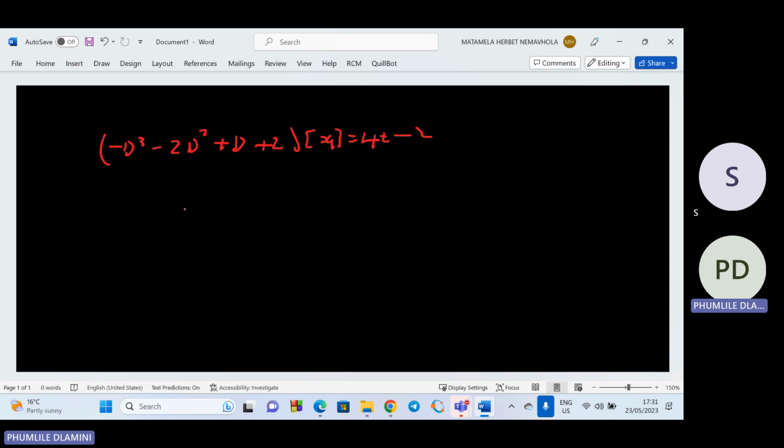So now we already got the complementary function. We have to get a particular equation. In order for us to get a particular equation, we are going to say our y is going to be equal to 4t.